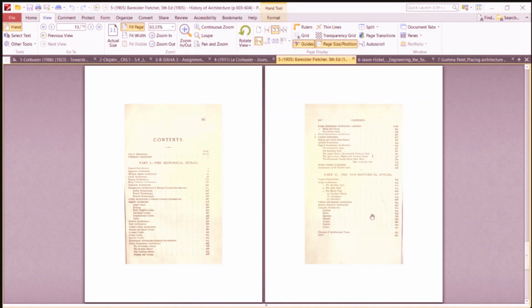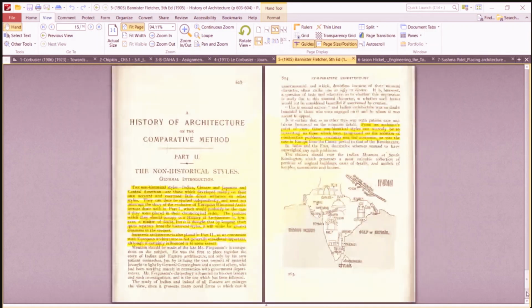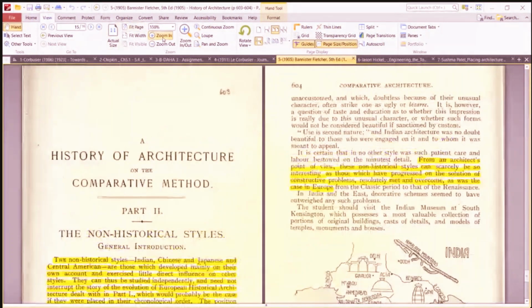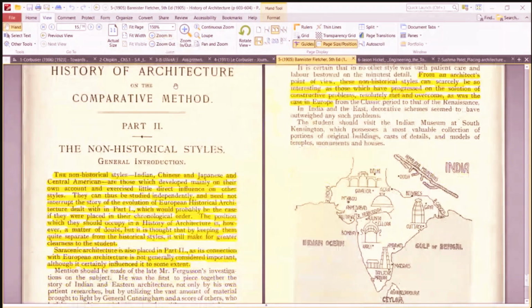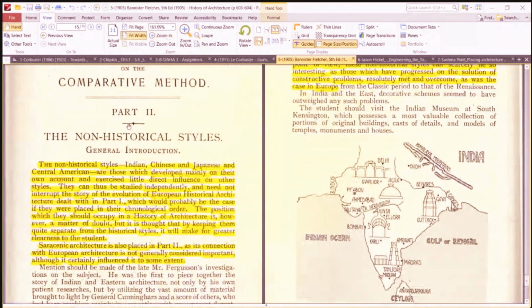So let's just read what Sir Bannister Fletcher says in 1905. So he's almost a contemporary of Corbusier. Let's read what Bannister Fletcher, as an architectural historian, says about what Corbusier calls the primitives in the non-European world.